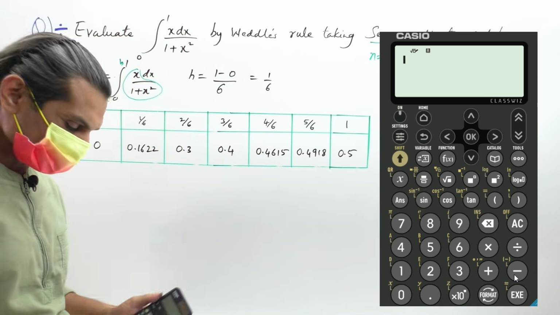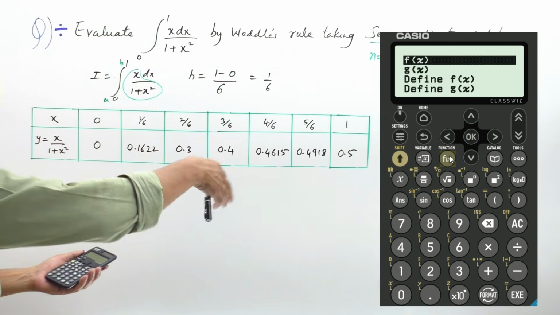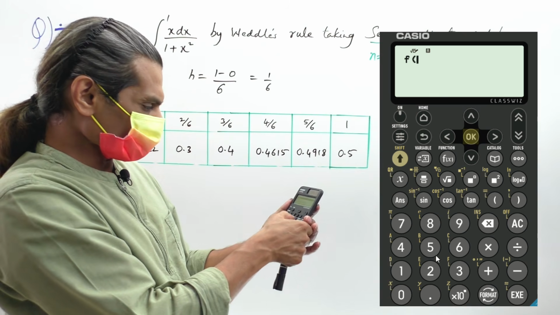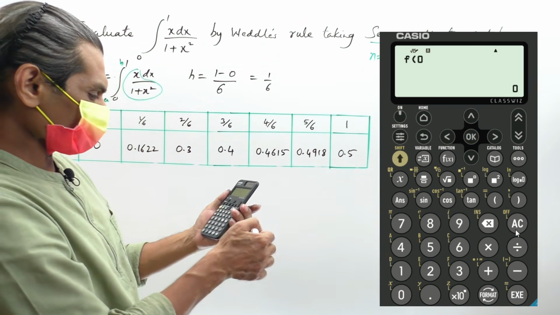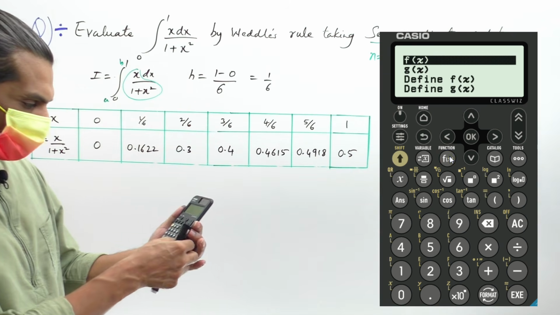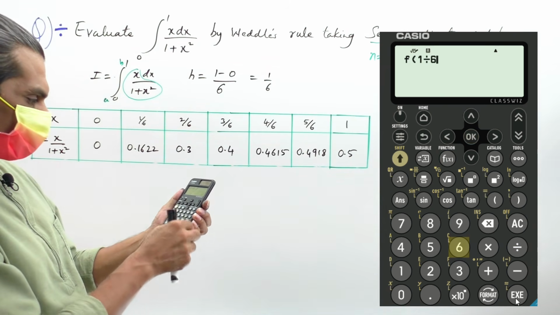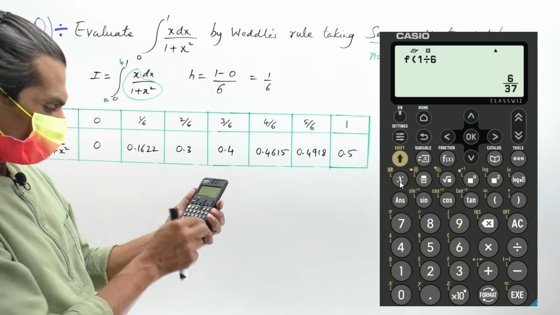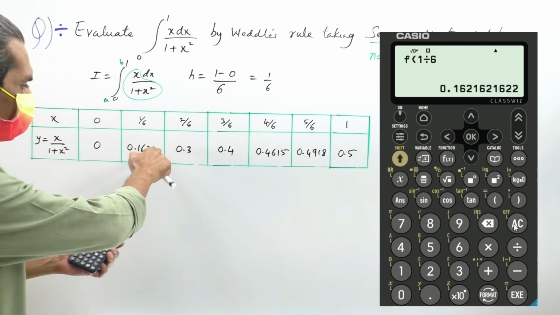So we have the function stored here. See, the process is different here. Now we have to find f of 0, f of 1/6, 2/6, and so on. You go to function again, f of 0, execute, that is 0. Then again function, f of 1 divided by 6, execute, 6/37, we press shift execute, that is 0.1622.